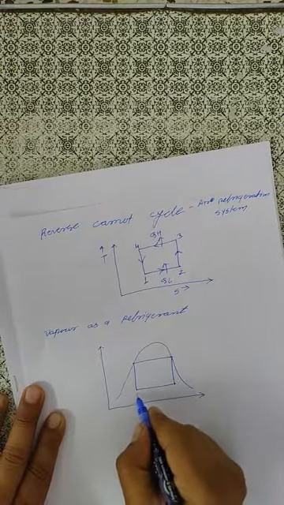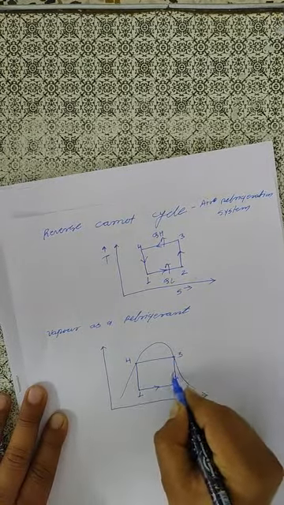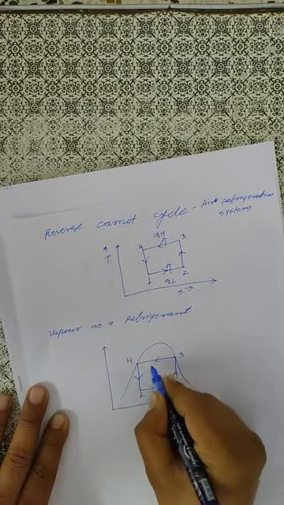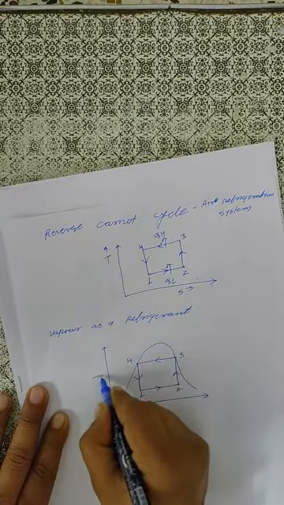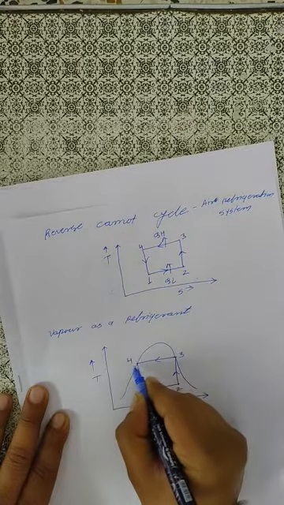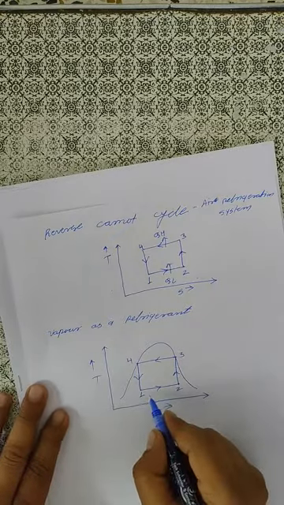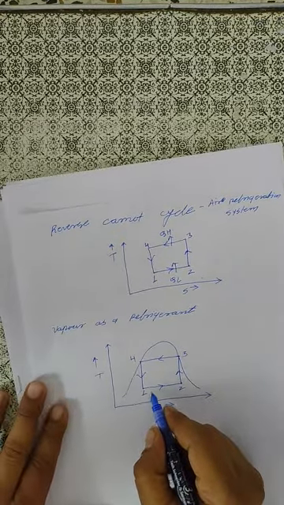Okay, condensation and boiling, that is the 1 2 3 4 process. Here the condensation takes place at constant temperature, this is the TS diagram. Here the boiling takes place, it is at constant temperature also. Okay, thank you.